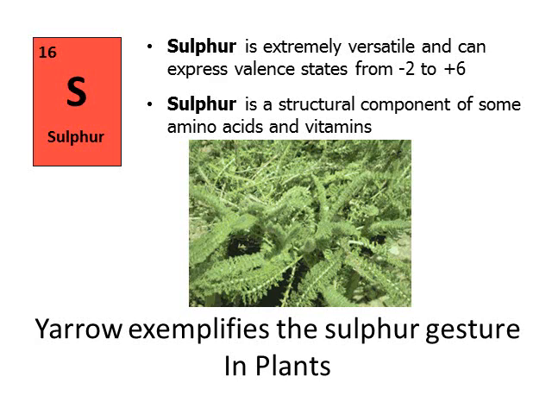So what we see in this particular plant right here, the yarrow plant, is it's got so much boundary, so much edge on its leaf that it's a very good expression of sulfur in a plant. Feathers are a good expression of sulfur in the animal kingdom.